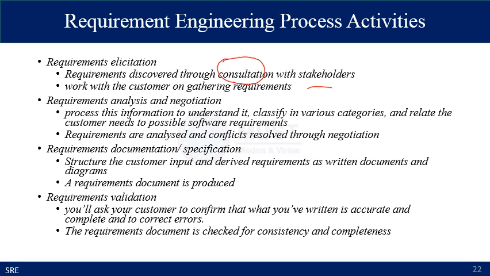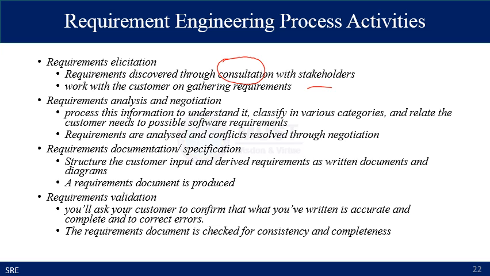The requirement document and specification phase is the actual transformation of the requirements from the user needs to a software requirement specification document or user requirement specification model. So it represents the structure of the customer's input and derived requirements as a written document or diagram.